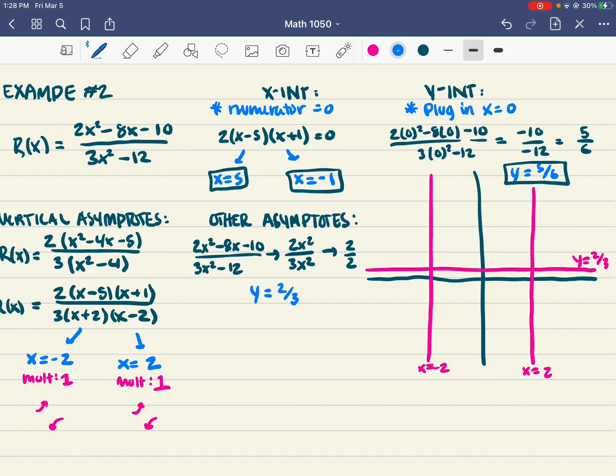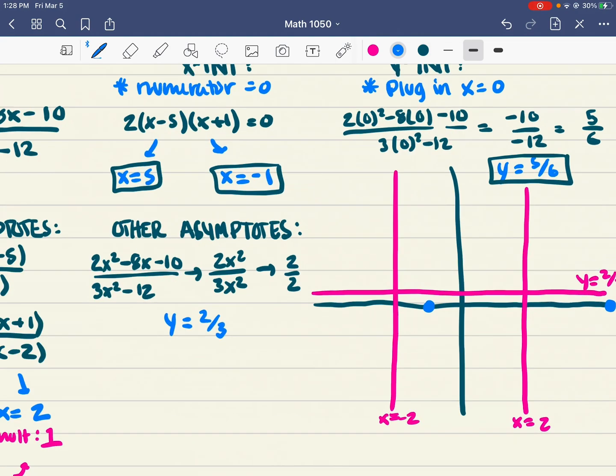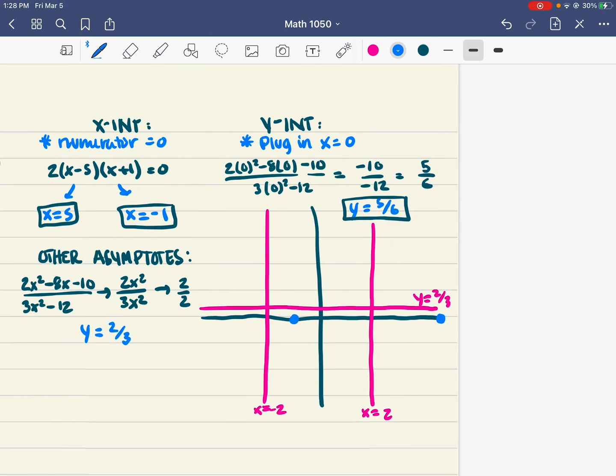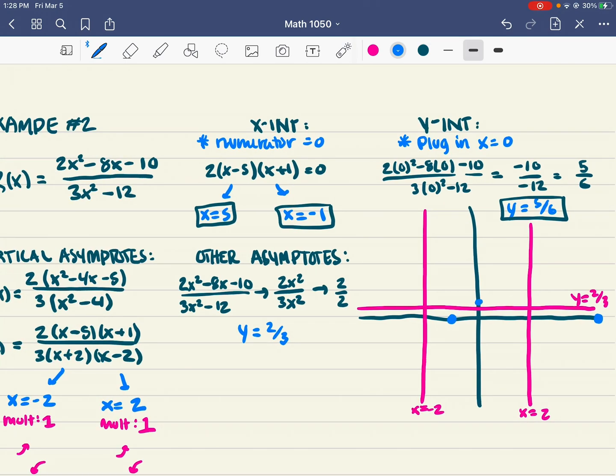And then we have the intercepts. There's one at 5, which is over here. And then at negative 1, which is here in the middle. And then there is a y-intercept at 5/6. Just a thought here, 5/6 is more than 2/3, so I'm going to put that super close to the asymptote, but not quite on it.